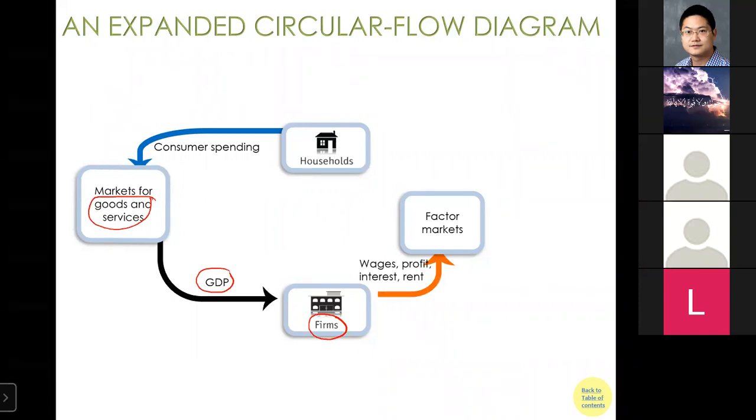Firms sell their goods and services to consumers, right? So they have revenue, which is represented here. Everything, or the market value of GDP, is going to show up as revenue for firms.